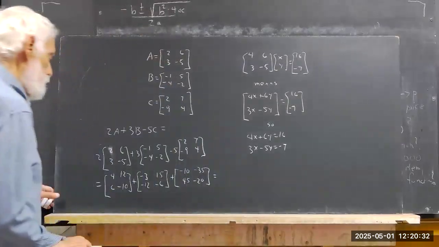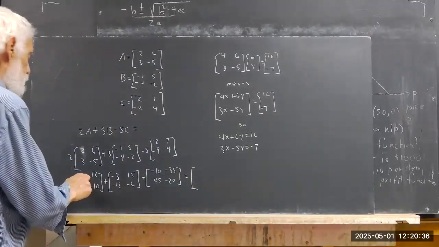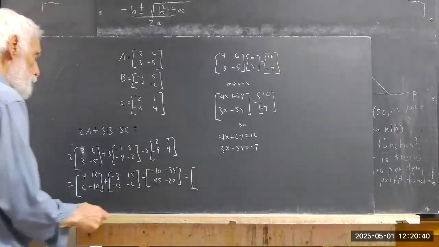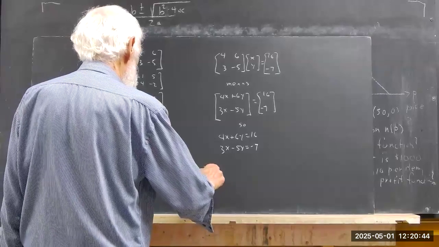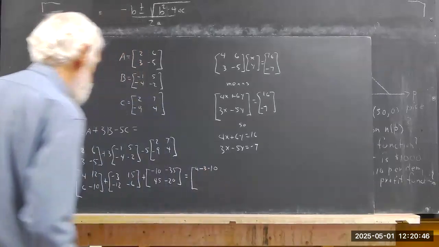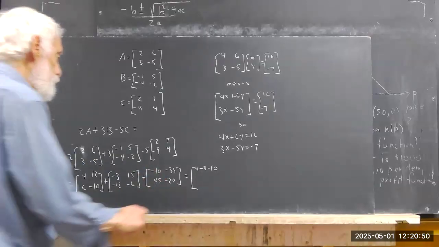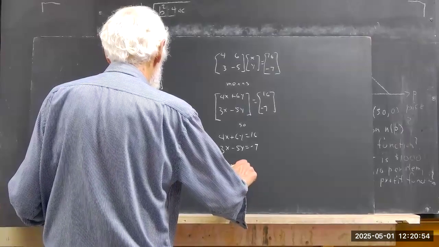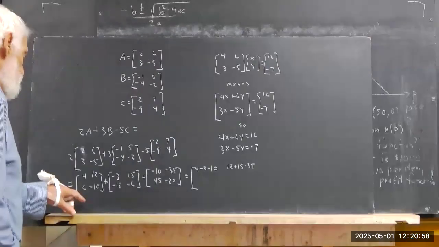Spread it out here. So what does that equal? Well, first row, first column, plus first row, first column, plus first row, first column gives us 4 minus 3 minus 10. First row, second column numbers give us 12 plus 15 minus 35.